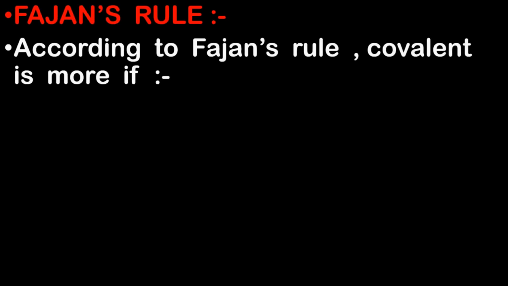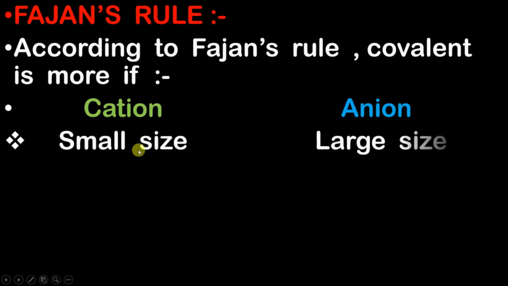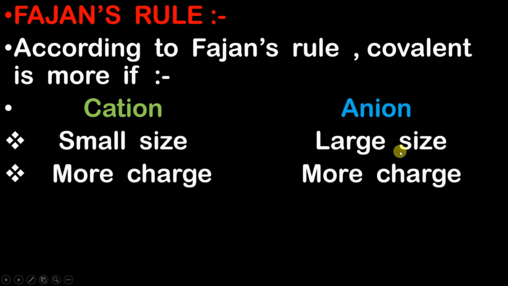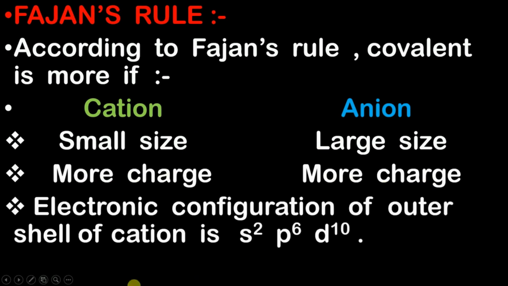Fajans rule is nothing but the sum of all the factors that we have studied up till now. According to the Fajans rule, covalent character is more if the cation is small in size and the anion is large in size, the cation has more charge and the anion has more charge, and the electronic configuration of the outer shell of the cation is s2p6d10.